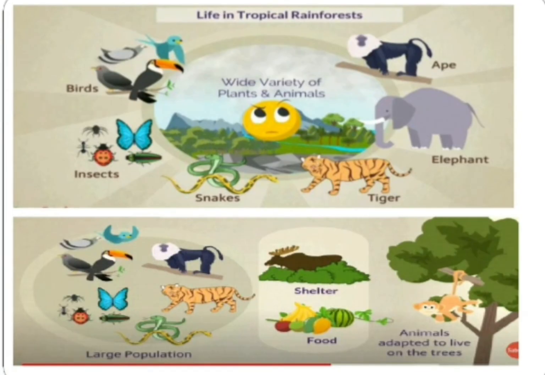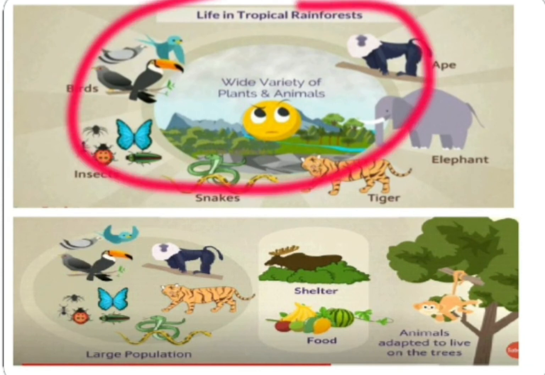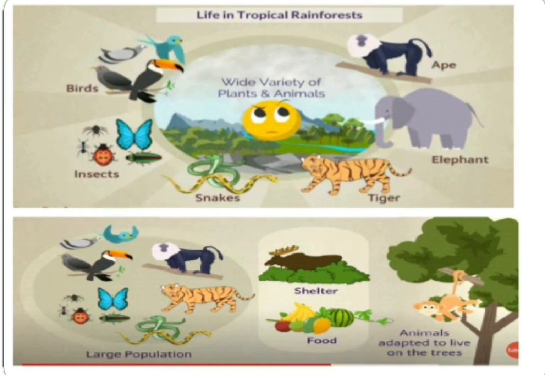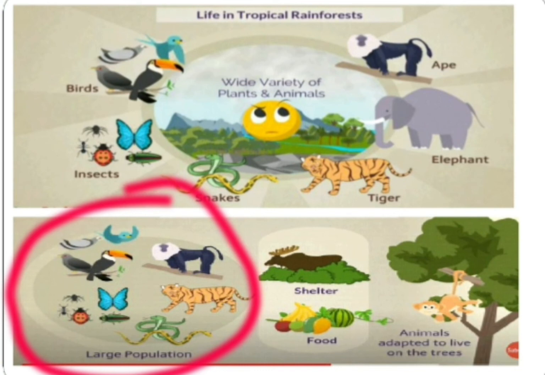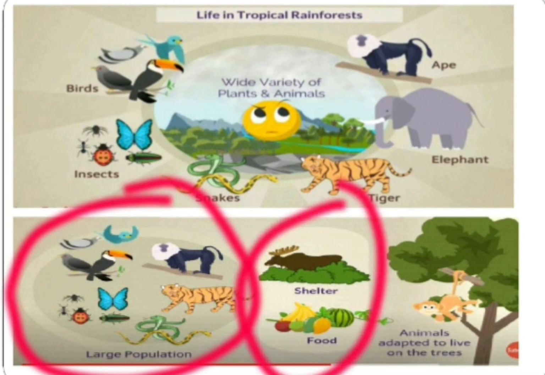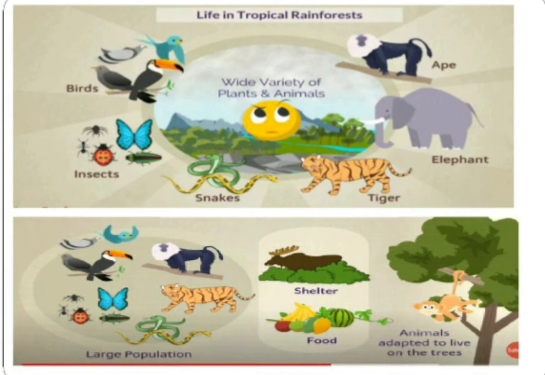The climatic conditions in the rainforest are highly suitable for supporting a variety of animals. Since there are large populations of animals, there is intense competition for food and shelter. Many animals are adapted to living on trees.